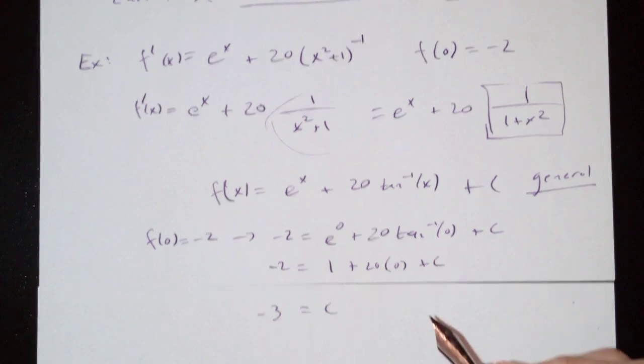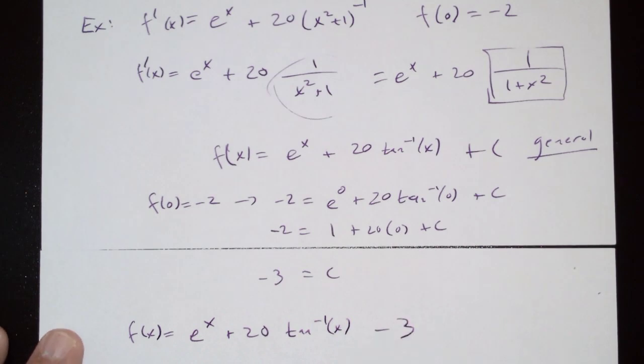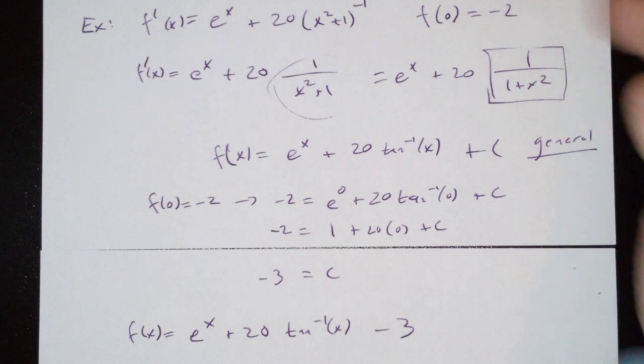And that means that I now have a particular antiderivative. f of x is e to the x plus 20 inverse tangent of x minus 3. If we go back and think of that giant collection of parallel curves, we pick the one that goes through the point (0, -2). So instead of having all of these options, this initial condition said pick that one.